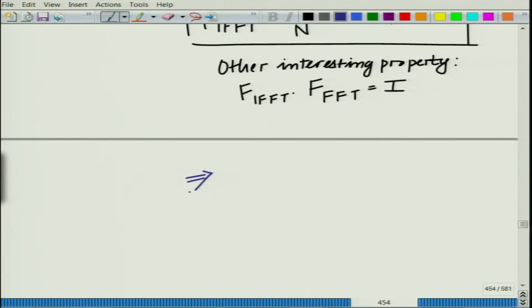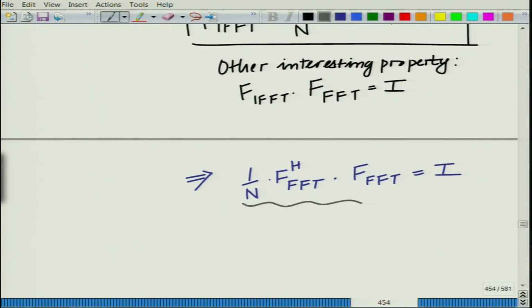So, this implies that 1 over n FFT Hermitian into FFT equals identity. So, this roughly behaves like a unitary matrix, because a unitary matrix is one where U Hermitian U equals identity, but here you do not have exactly U Hermitian, but you have 1 over n times U Hermitian. So, it roughly behaves like a unitary matrix.